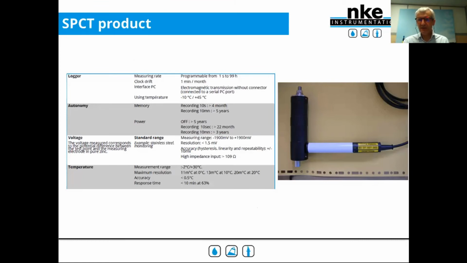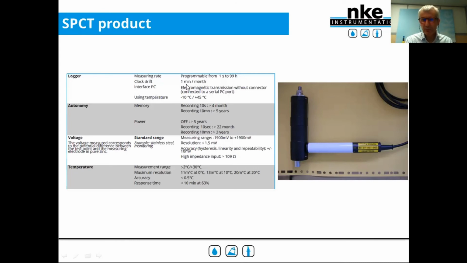This interface is placed as shown in the pictures in contact with the SPCT to program and collect the data. You recognize here the titanium screw to connect to the sample to analyze, and the zinc reference electrode. So these are the main characteristics of the logger.